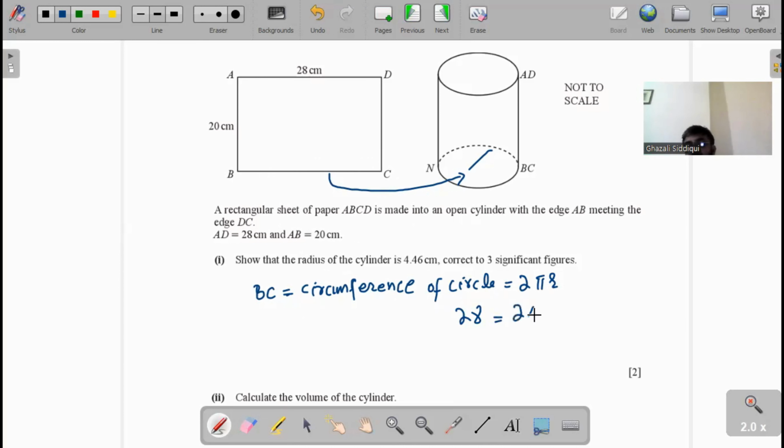Now, 2 times 3.142 multiply the radius of the circle, which we have to find. Therefore radius will be equal to 28 divided by 2 divided by 3.142. We calculate it.